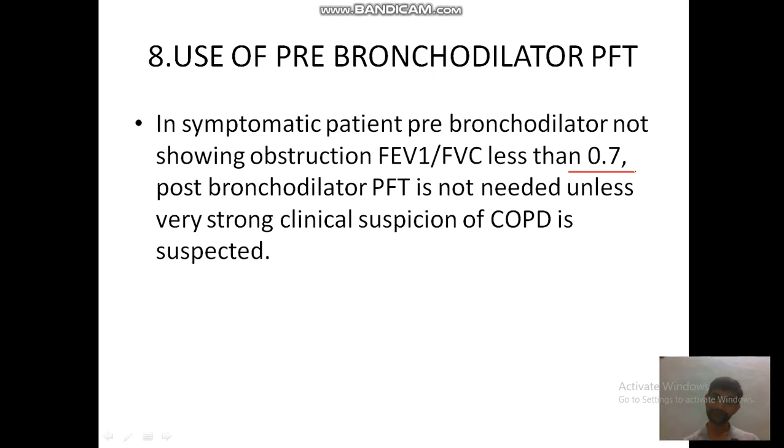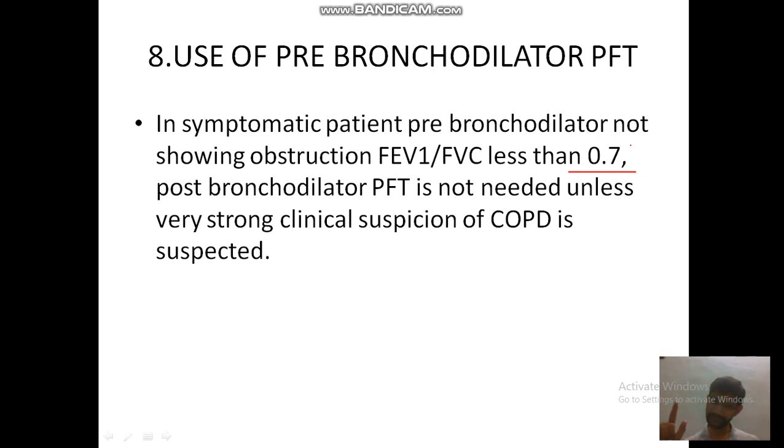But if the FEV1 by FVC is less than 0.7 and a strong clinical suspicion of COPD exists, then we need to perform a post-bronchodilator PFT. Understood? In a symptomatic patient, if pre-bronchodilator is not showing any obstruction, then you need not perform a post-bronchodilator PFT, because unlikely the FEV1 by FVC is going to go below 0.7.